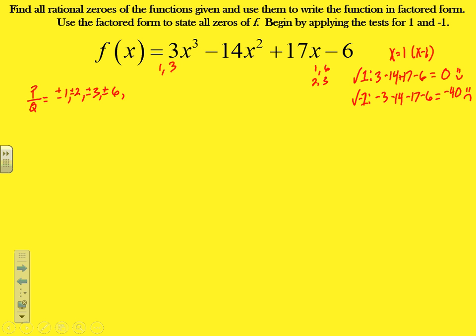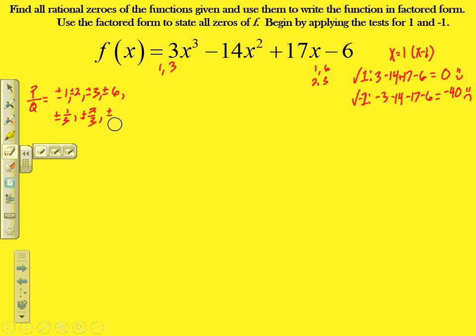So we have 1 over 3, positive or negative, 2 over 3, positive or negative, and then 3 over 3 would be 1, so we don't write that down again because that would just repeat, and 6 over 3 would actually be 2, so that's also going to repeat. So here are the list of the factors that we should have.